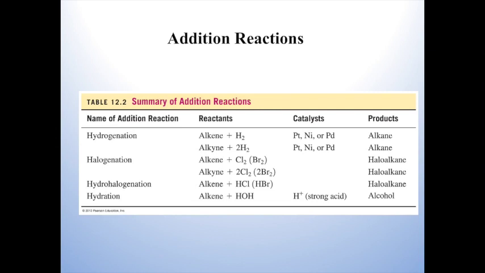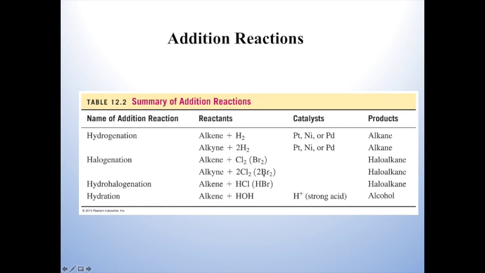So there are a number of addition reactions that we're going to talk about. There's something called hydrogenation, where you add hydrogen to an alkene or an alkyne to produce an alkane. This is used heavily in the food industry to make saturated fats out of unsaturated fats. There's also halogenation, where you add a halogen molecule like chlorine or bromine to alkenes or alkynes, and this makes a haloalkane.